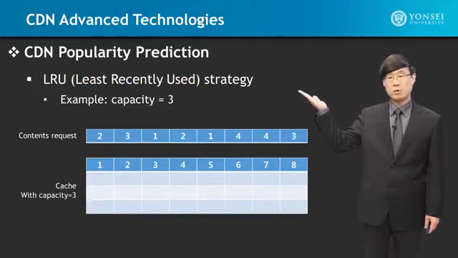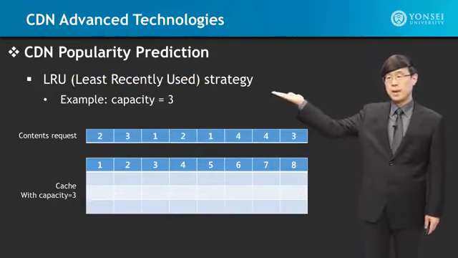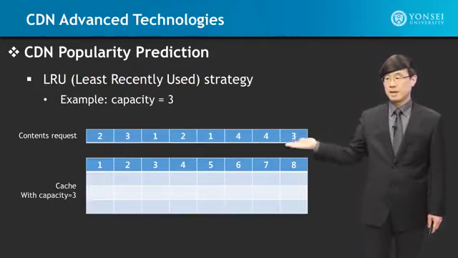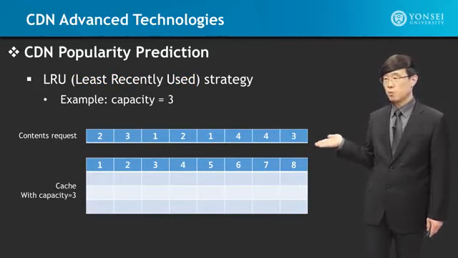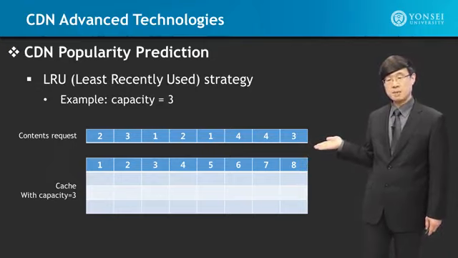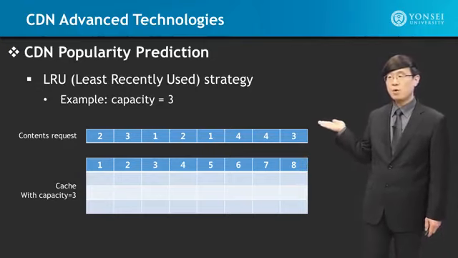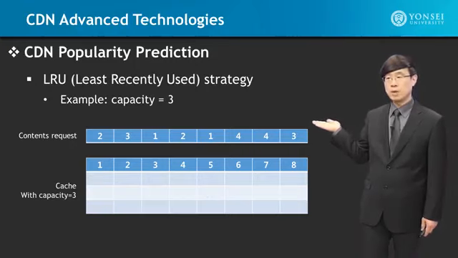In the LRU example, this is based on a capacity of 3 in the cache. And so you see 1, 2, 3 slots available. And then you see the numbers from 1 to 8. These are the step-by-step procedures. Then over here on the top, you'll see the contents that are requested. It is like asking for content 2, content 3, content 1, content 2, content 1, content 4, content 4, content 3.